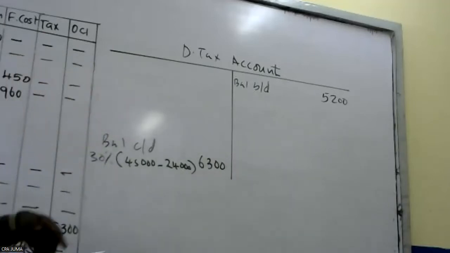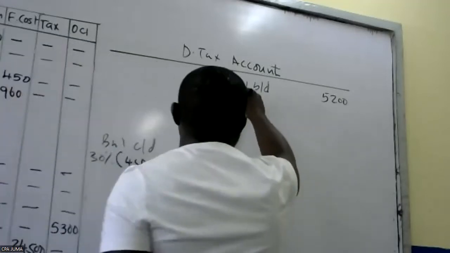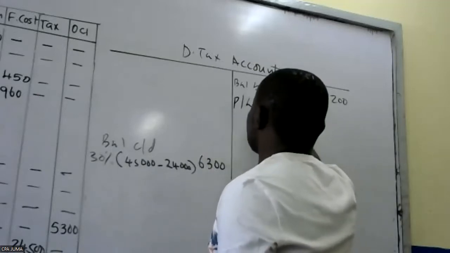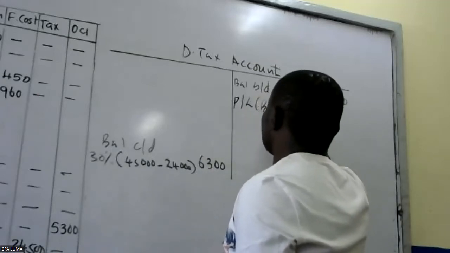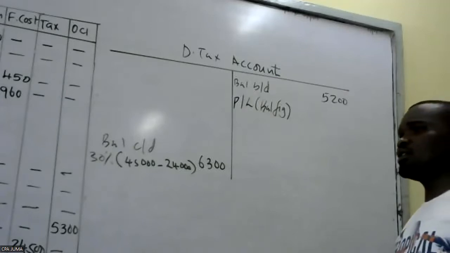So the movement from 52 to 63, that increase is for the year. So P&L, profit or loss, balancing figure.